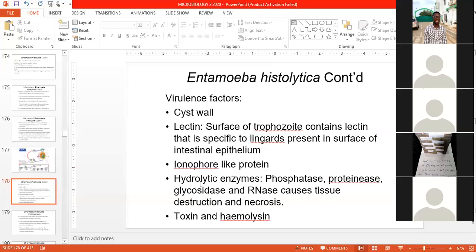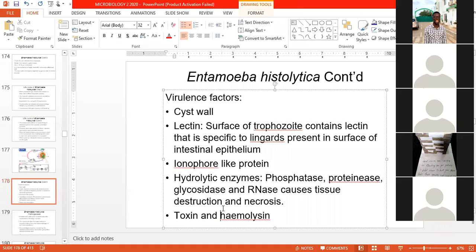Then it also has the ionophore-like protein, which breaks the ion channels, so the functions of potassium and sodium to maintain the fluid level will be disturbed. Then it also has some hydrolytic enzymes, the phosphatase, the proteinases, and so on. All this will cause destruction, which will end up resulting in the death of cells that we call necrosis.